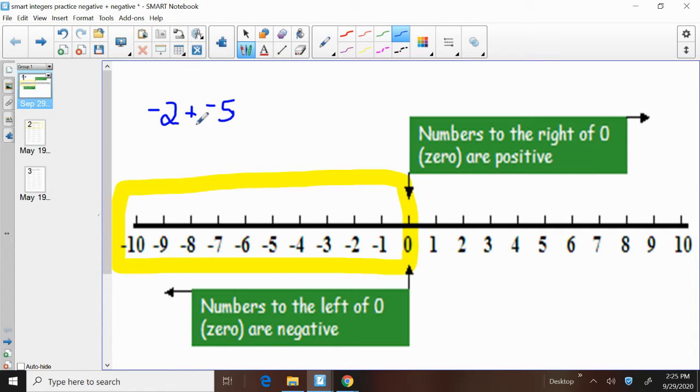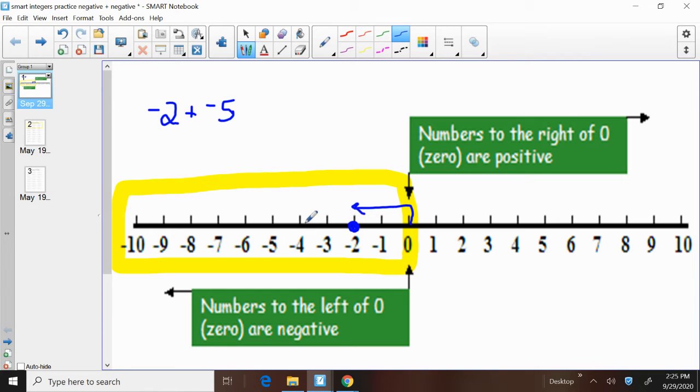So the number line can be helpful. So -2 plus -5. So again, we're concerned with this negative area. So let's look first at -2. Here's -2. So I went from 0 to -2 first. And then -5, I'm going to go an additional -5.